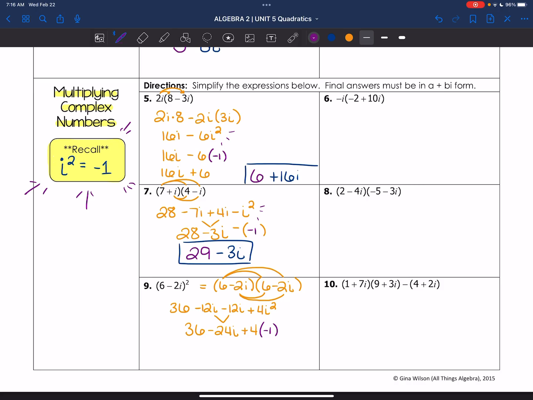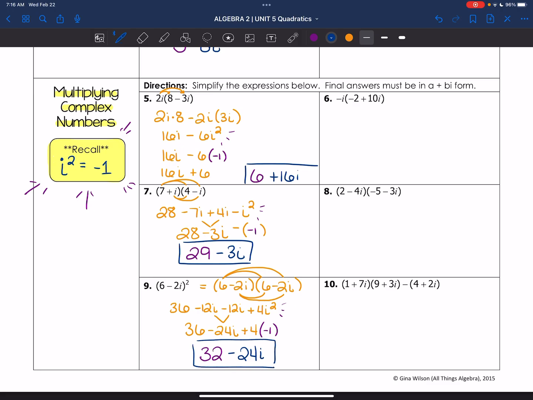Negative 1, because i squared is negative 1. So to finish it out, we have 36 plus a 4 times a negative 1. A 4 times a negative 1 is actually a negative 4. So that's going to be a 32 because we're subtracting 4. And then our imaginary part, negative 24i.